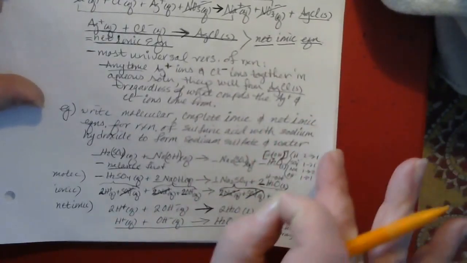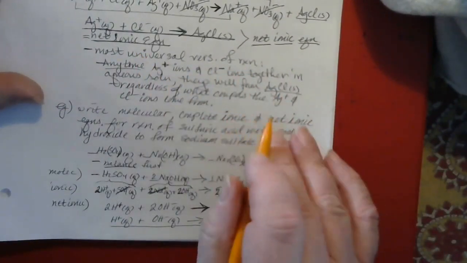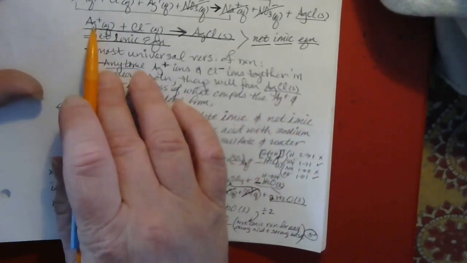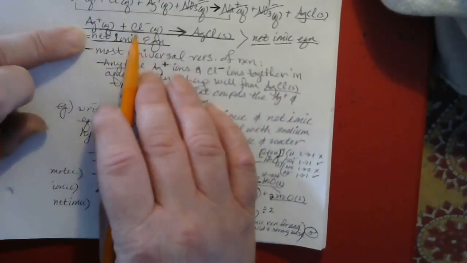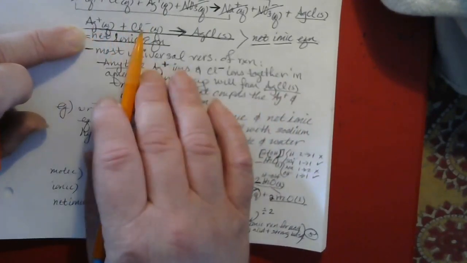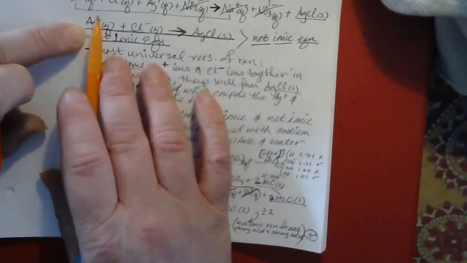That brings us down to the essence of what's actually happening in this situation. And it's also the most universal form of the reaction, because what it does is it tells you that anytime you get Ag+ ions and Cl- ions together in solution at the same time, they will come together to form AgCl. And it doesn't matter where the Ag+ ions came from.